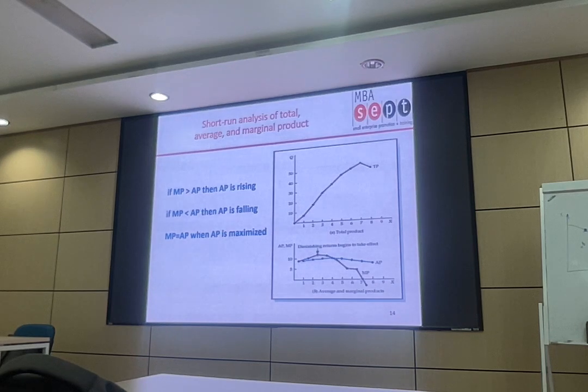Chứ không phải là tổng giảm đi, đúng không? Tổng không giảm mà giá trị đóng góp của người ta tăng thêm thì ít hơn so với người trước đó, so với đơn vị trước đó. Chứ không phải là tổng bị giảm đi. Mình hiểu ý không nhỉ? Nên không phải là total output decrease mà là extra output hoặc additional output decrease. Đấy, mình hiểu biên nó là như vậy.